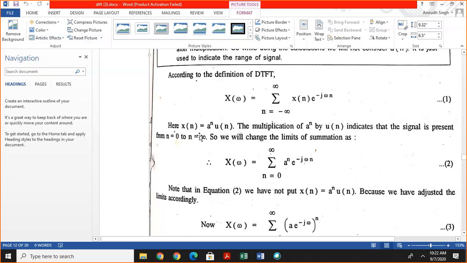And if we substitute x of n equal to a raised to the power n u of n, due to the presence of this u of n, this limit changes from minus infinity to 0, and so we get X of omega as the summation from n equal to 0 to infinity of a raised to the power n exponential minus j omega n.